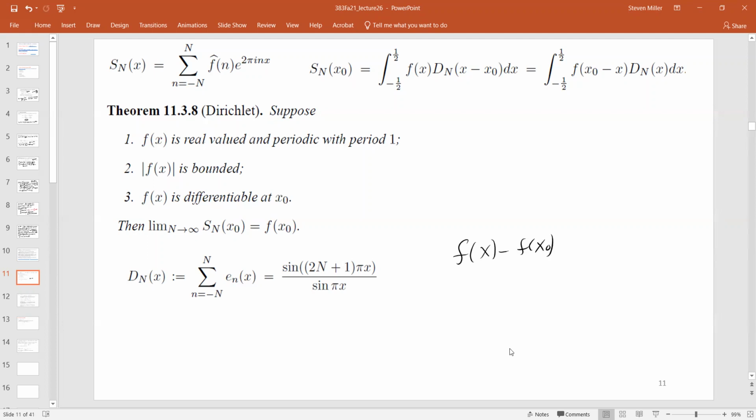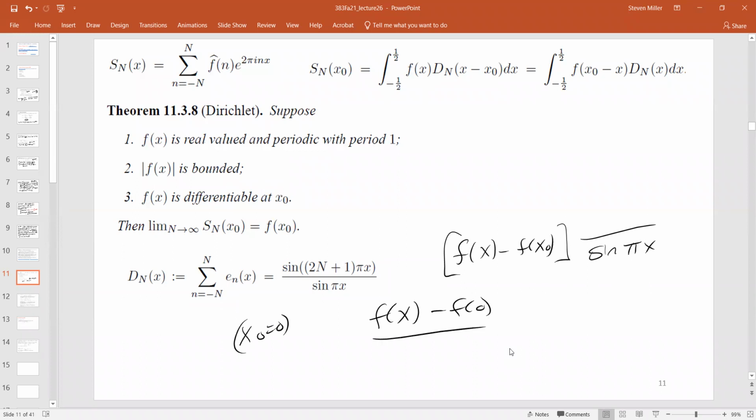If I have something like this, I'm worried about multiplying this by something over sine of pi x. As x goes to 0, this could become problematic, right? It could blow up. But if my function is differentiable, let's just choose x naught equals 0 to make life easy. If I have f of x minus f of 0 over x minus 0, times x minus 0 over sine of pi x, is this ratio going to be okay?